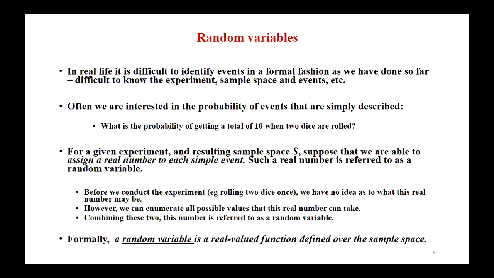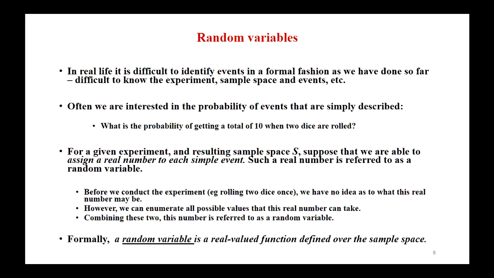Now, it's easy to attach numbers to the sum of 2 dice throws, right? It's a very easy thing to do. So for a given experiment and resulting sample space S, suppose that we can assign a real number to each simple event. Okay, I take a simple event, I give it a number, right? Such a real number is referred to as a random variable. That's all a random variable is.